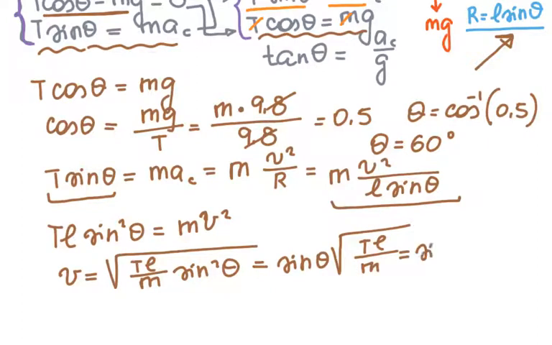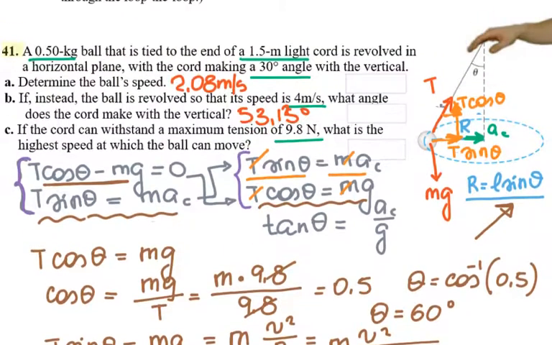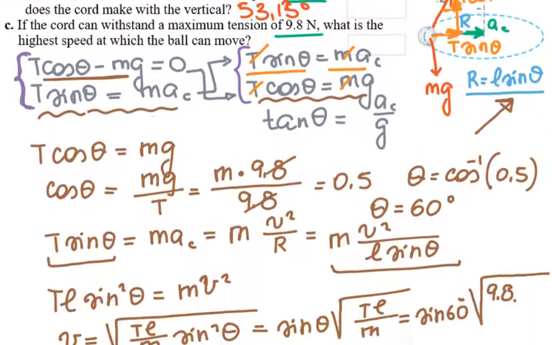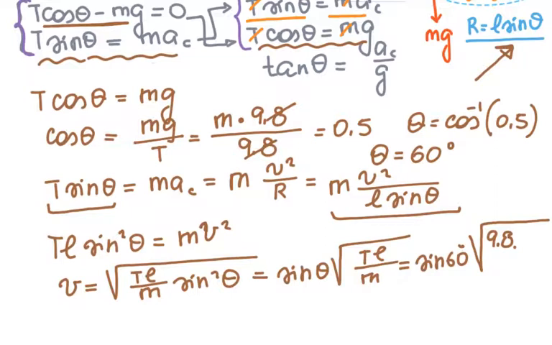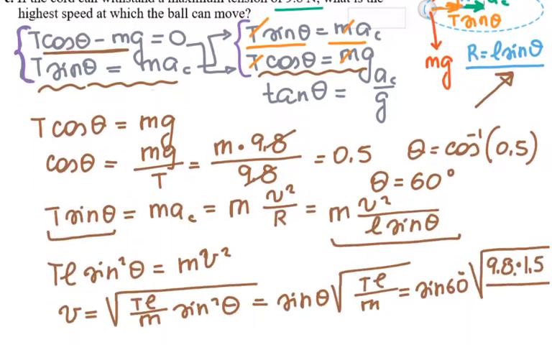So you have the sine of 60 degrees, and make sure that your calculator is in degrees, and T is 9.8, that's what they give you in C. So you see in C they give you 9.8, and L is 1.5, and the mass is 0.5.